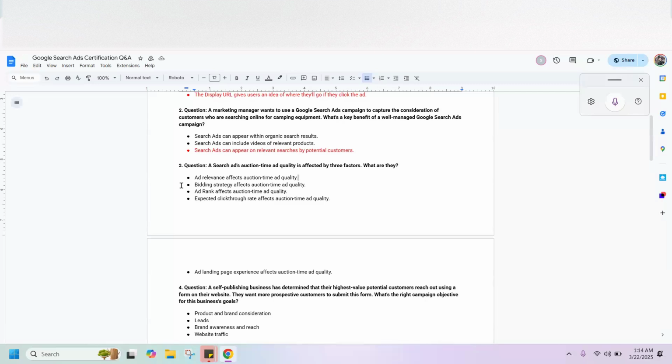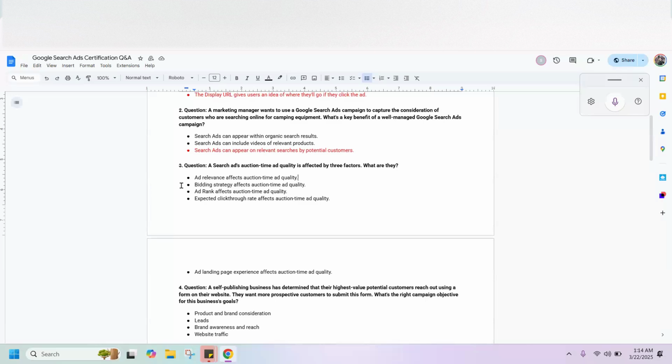I don't know what auction time ad quality is. I'm not sure exactly what that's referring to. Is it how many users have a positive experience while interacting with the ad during the auction time? Is that what that's about?